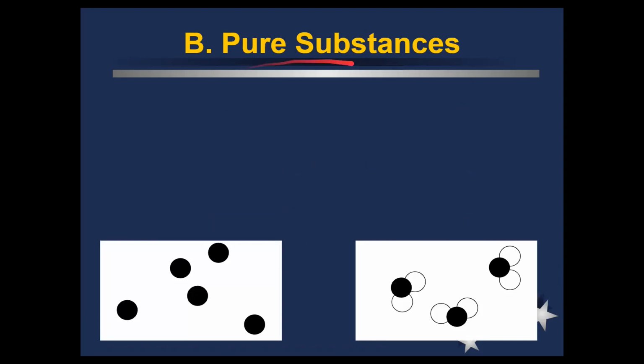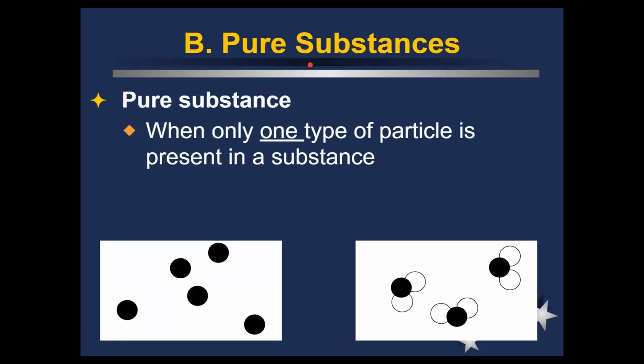So first up, because they are the simplest, we're going to talk about our pure substances. A pure substance is when there's only one single type of particle present in that substance. So we don't have lots of different things all combined in different ways.